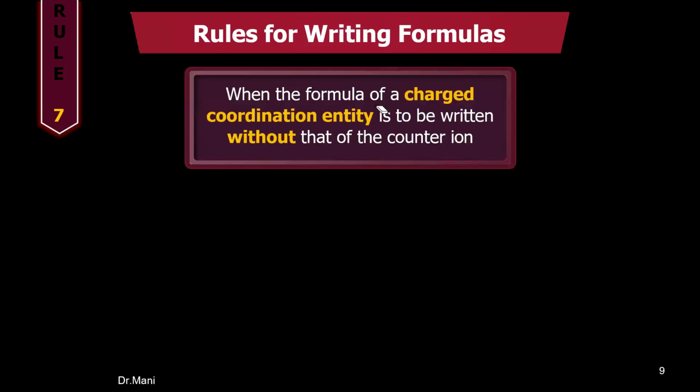Finally, when the formula of a charged coordination entity is to be written without that of the counter ion, you should not put the counter ions inside the bracket; they should be excluded outside. Just write within the square brackets and put the charge.